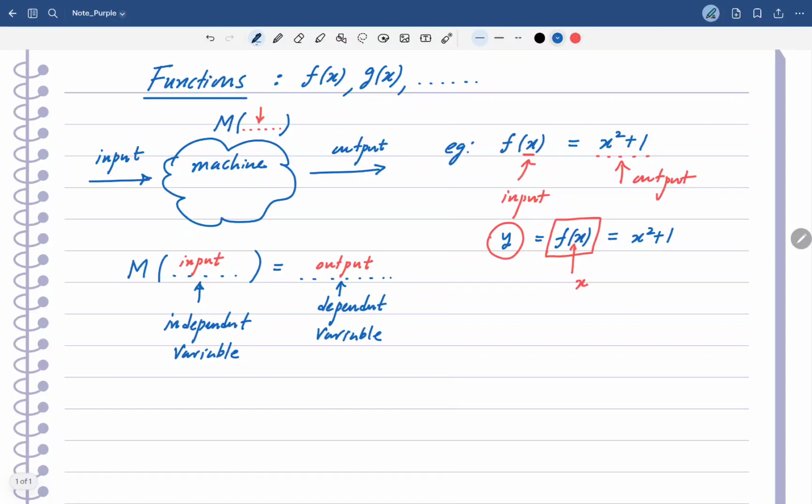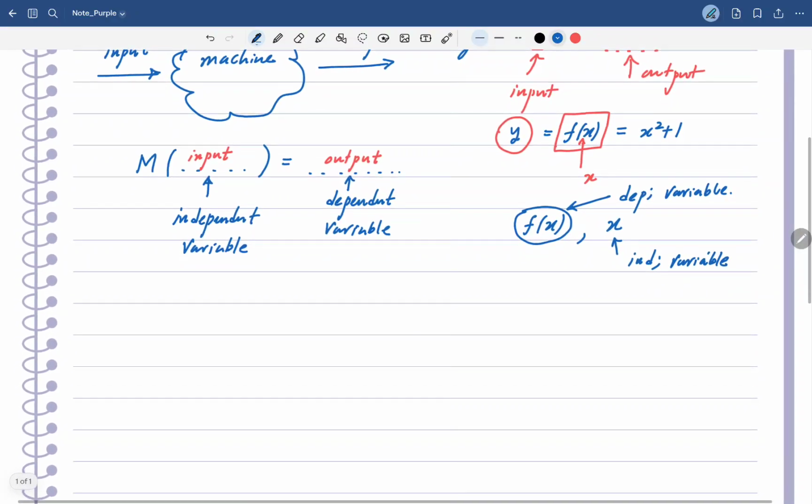So you need to understand clearly what is f(x) and what is x. This x is the independent variable. This f(x), the whole thing, is the dependent variable.